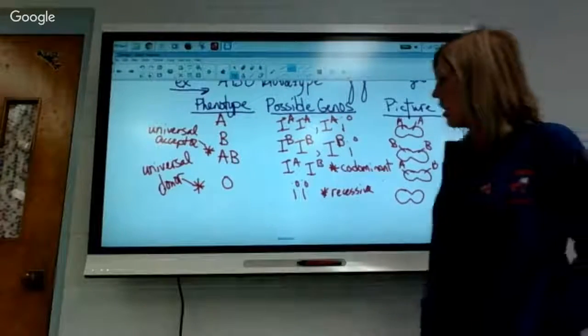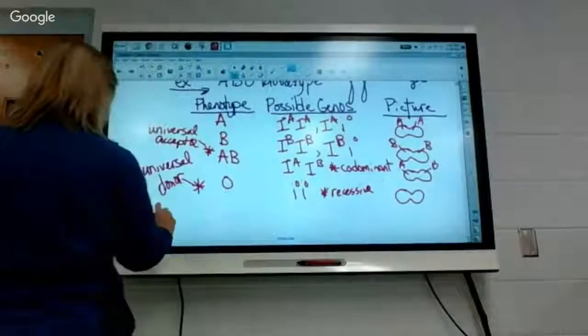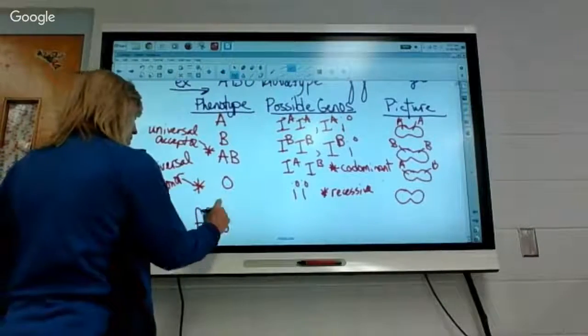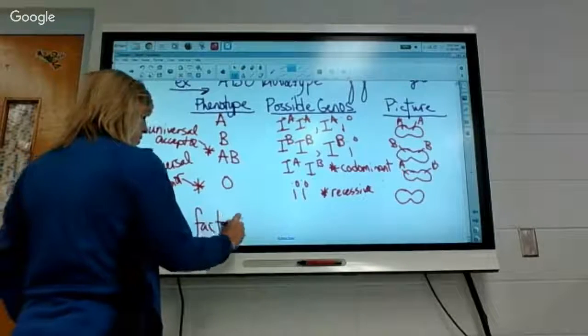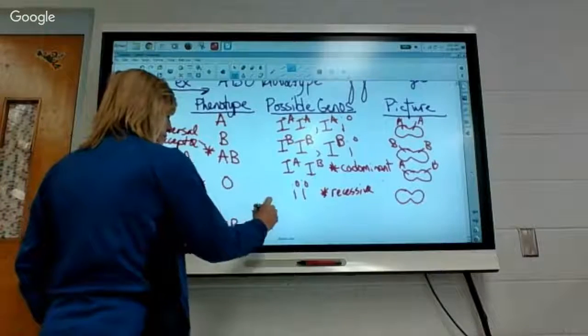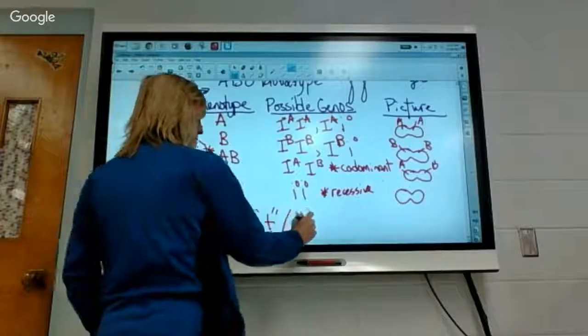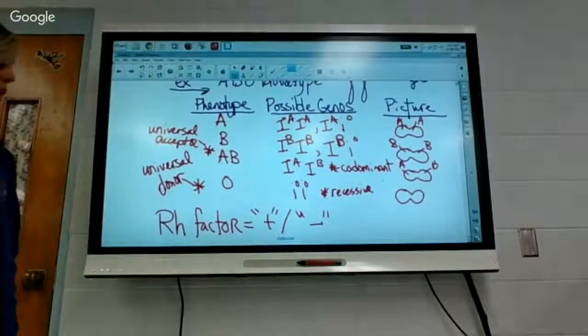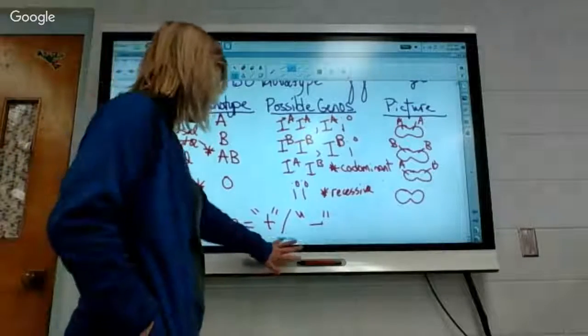So, Rh factor. Rh factor equals the plus-minus system of blood type. Plus is dominant over negative.